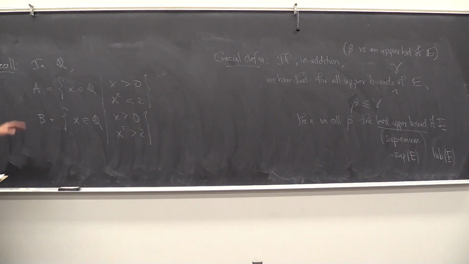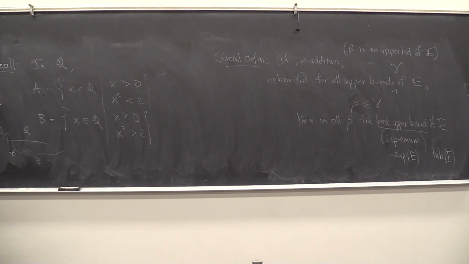What we saw was that A has no greatest element and B has no least element. In the picture, there was this hole at the square root of 2, because the square root of 2 doesn't exist in Q. A was all the rational numbers below the square root of 2, and B was all the rational numbers above it.